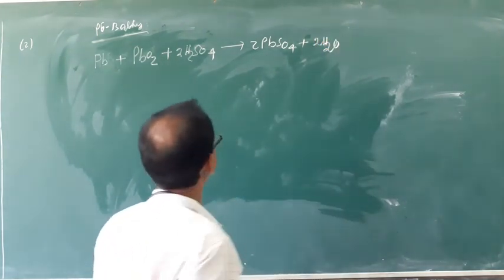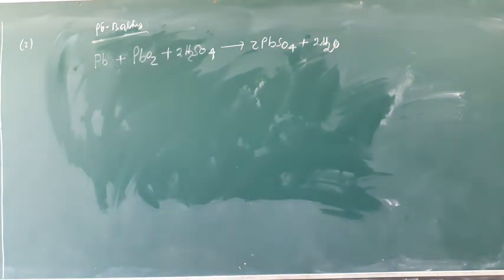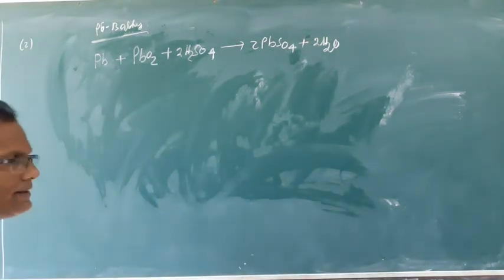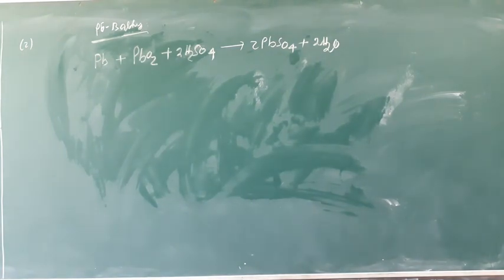Clear? 2 PbSO4 and 2 water. So this is the final reaction of lead battery, that is secondary cell.